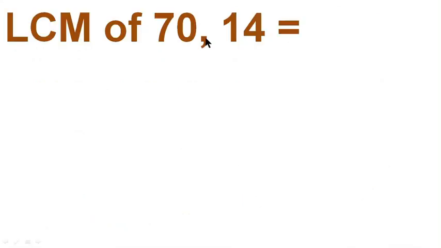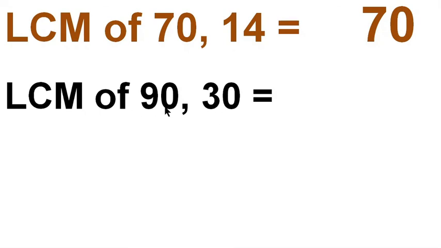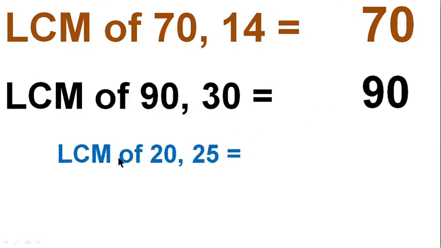Here 70 and 14, and greater one is 70, and 70 is also divisible by 14, or 5 14s are 70, so here 70 is LCM. 90 and 30, here greater one is 90, and 90 is also divisible by 30, so our LCM is 90.